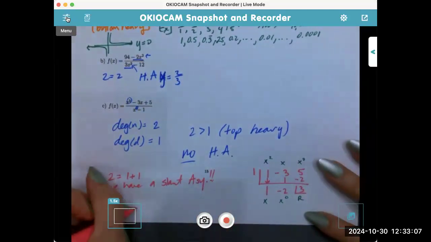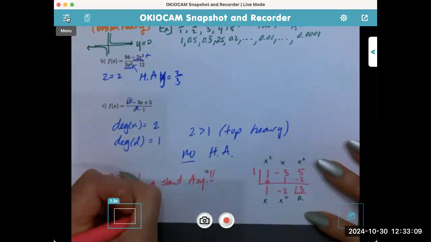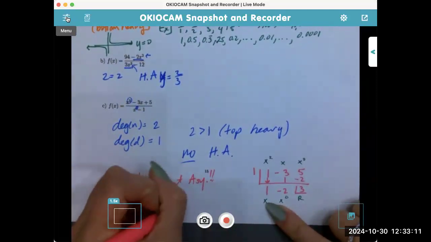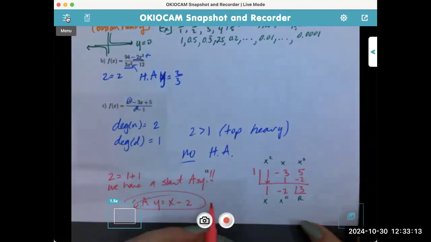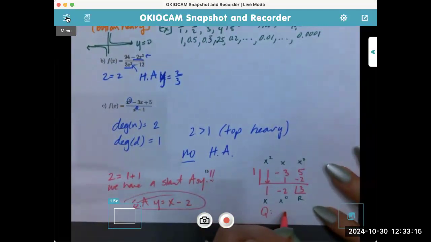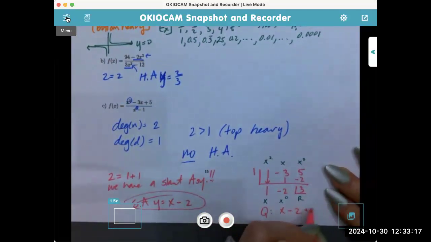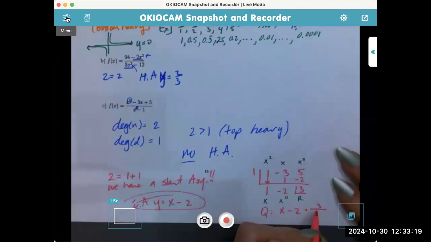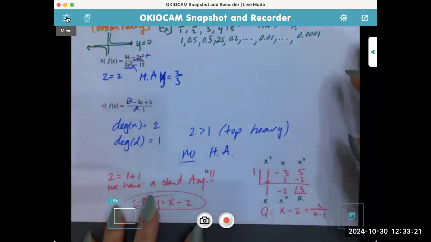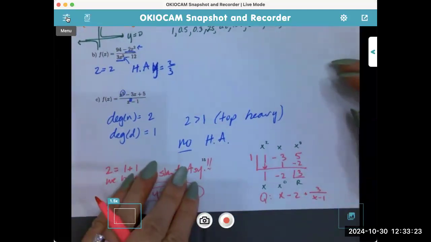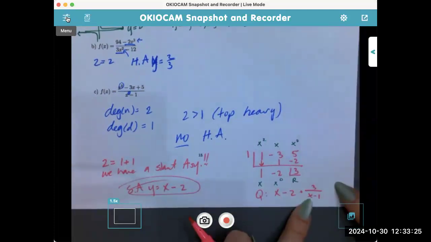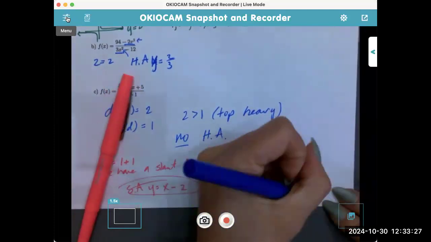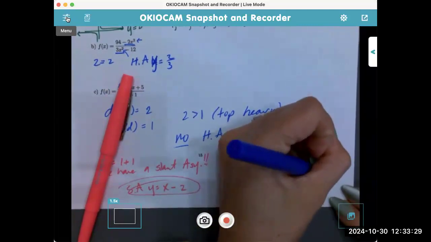So my slant asymptote is y equals x minus 2. Because yes, I know the quotient is x minus 2 plus 3 over x minus 1. But when I'm talking about the end behavior, like x might be a trillion, this is so negligible that you ignore it.